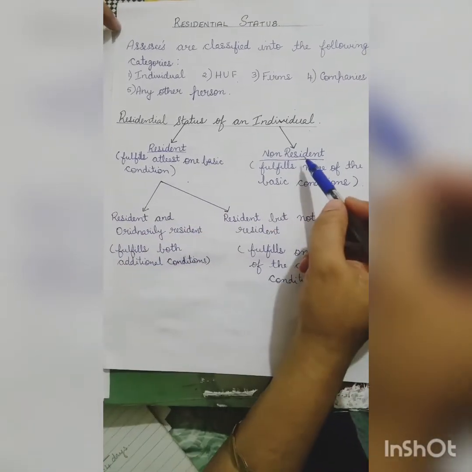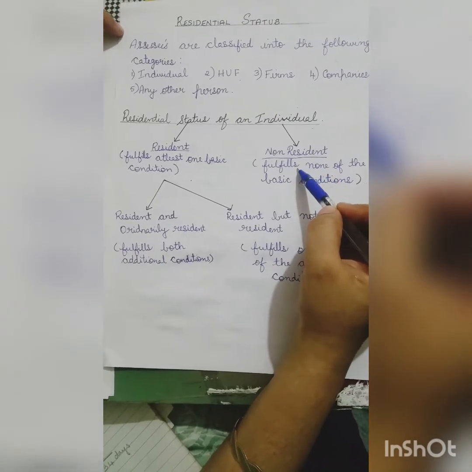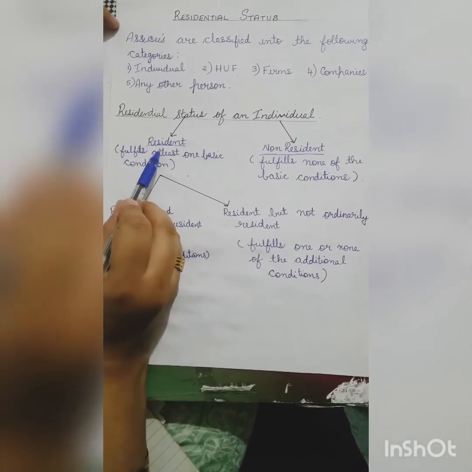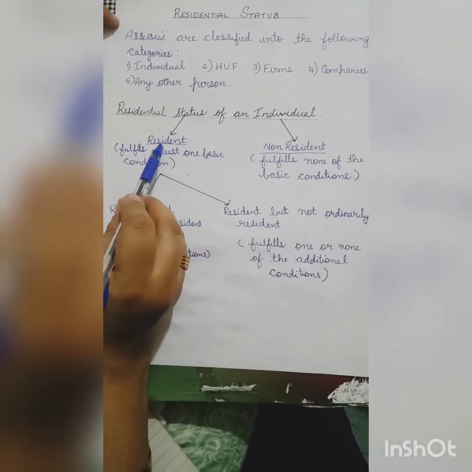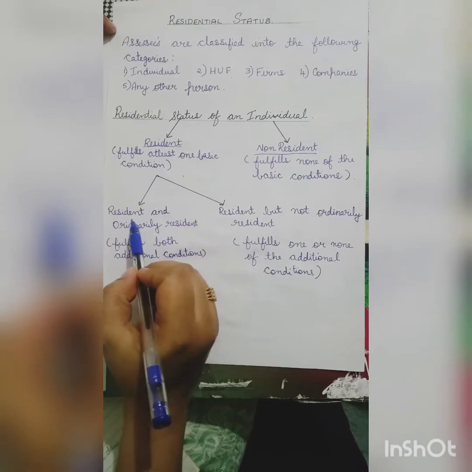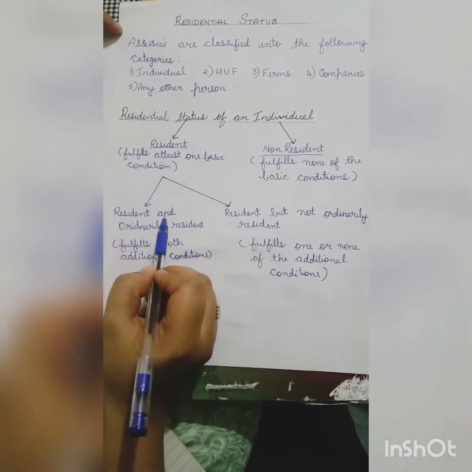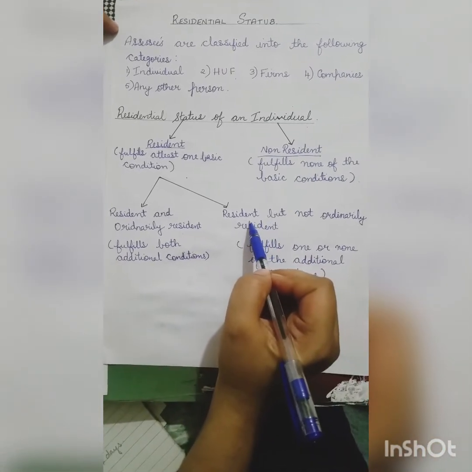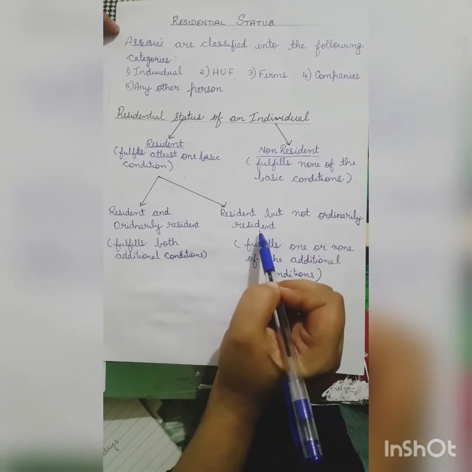And for an individual to be called a non-resident, he will fulfill none of the basic conditions. Once an individual is classified as a resident, we need to determine whether the individual is a resident and ordinarily resident, or a resident but not ordinarily resident.